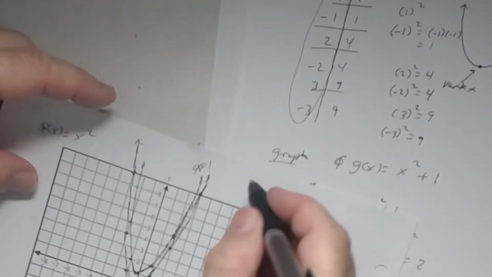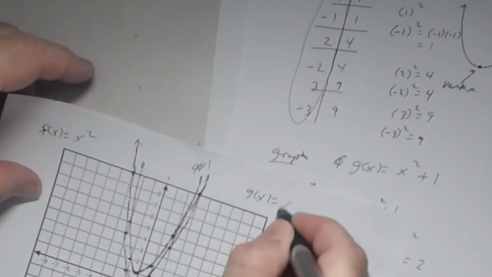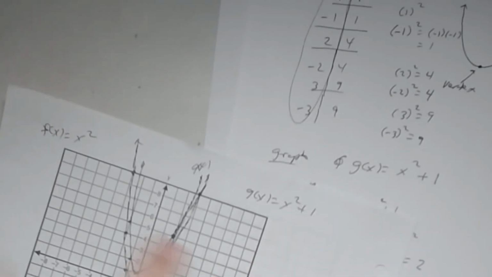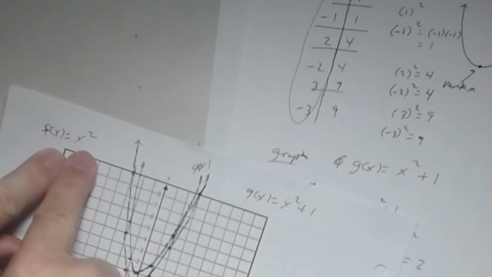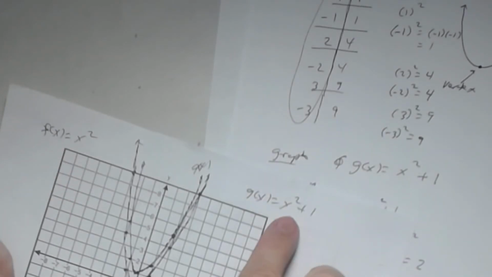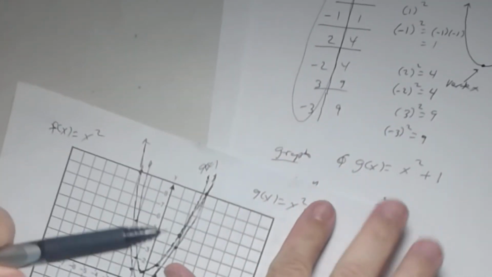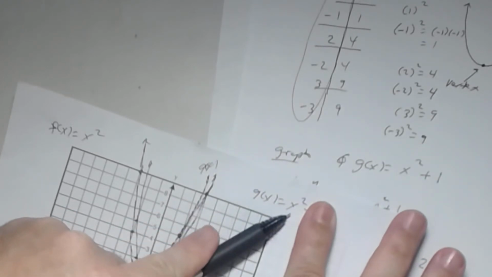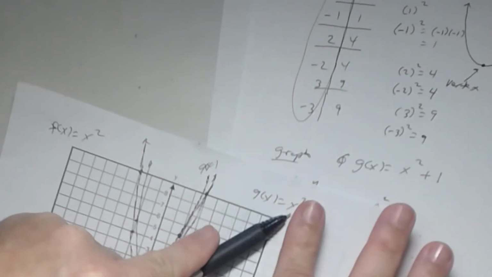But what I want you to notice, though, is that this was g of x equal x squared plus 1. You remember, this is called the parent function, x squared. You know what that looks like. So you graph x squared. The vertex of x squared is located at the origin, right? So here, this says I'm taking the parent function, but instead I'm adding 1 to that y value.